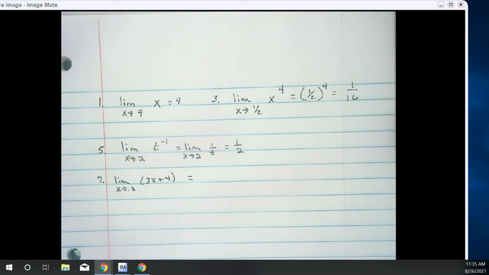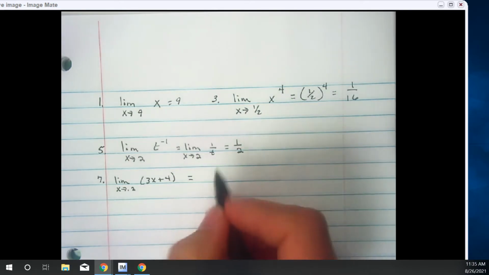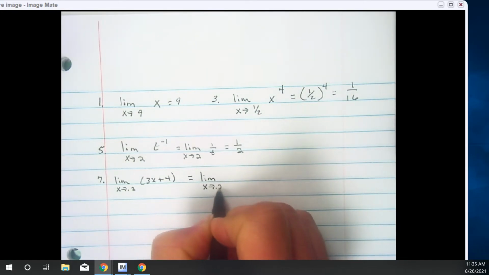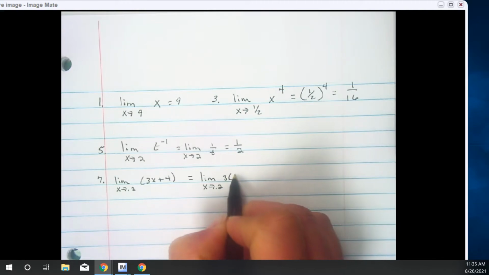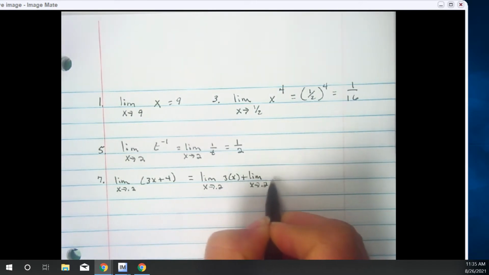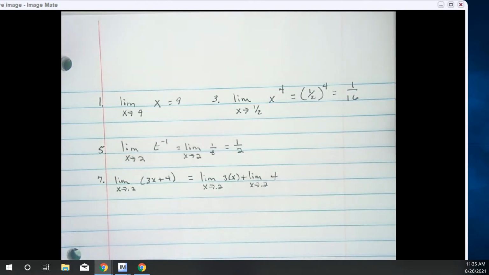So you're not going to pull that 3 out. You're just going to break them into 2 different parts. 3 times 0.2 is either one, where you put the 3 in front of the limit and you have x plus 4? Is that the law we would use? Now, if you know that 0.2 times 3 is 0.6, it's almost pointless to pull the 3 out and just have the 0.2, right? Because you did that in your head and you're like, it's 0.6.